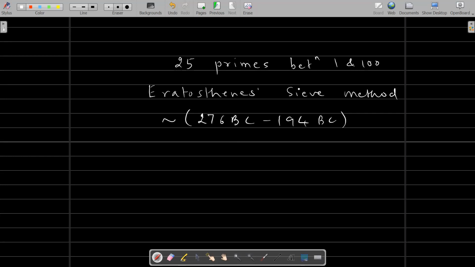So he gave a nice method to find primes up to a given number n. And the method is as follows. I'll write on the next page. But before that, let's do one small result.